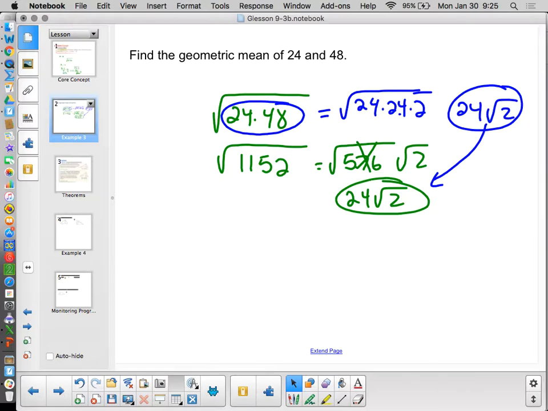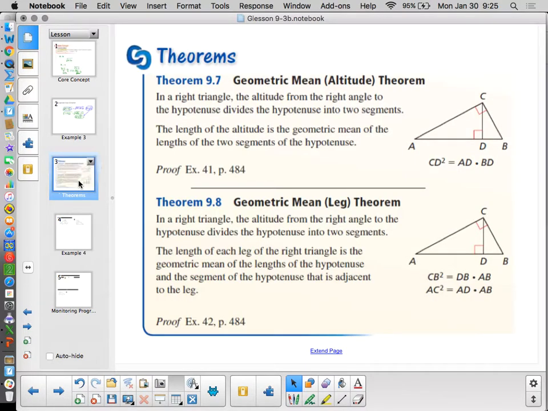Now, why are we talking about geometric means? Why is this important? Well, with our altitude to a triangle problem, there's an alternate way of solving these, and it involves geometric means. Basically, if I start at the right angle here, and take any individual segment coming from that right angle, I call them kind of like spokes out of a wheel.